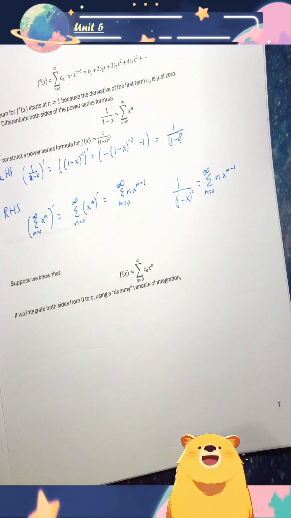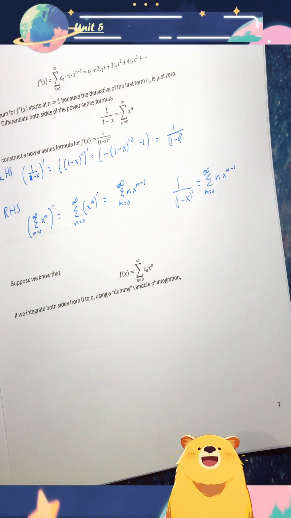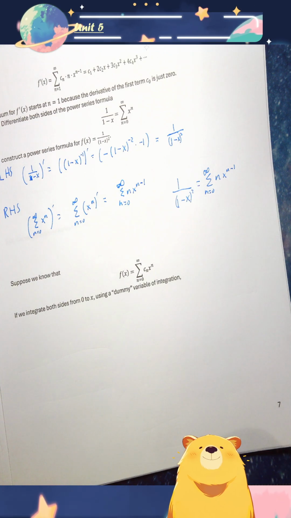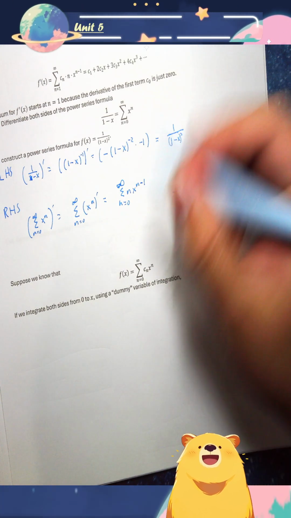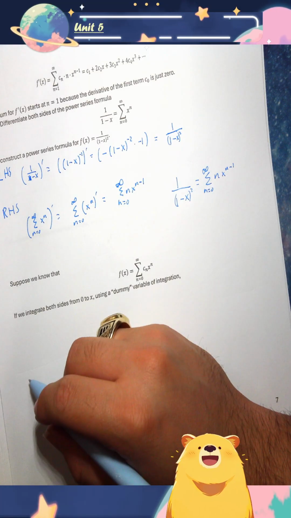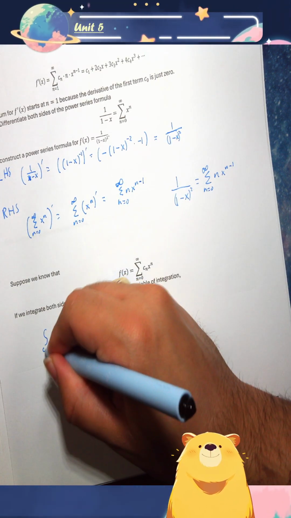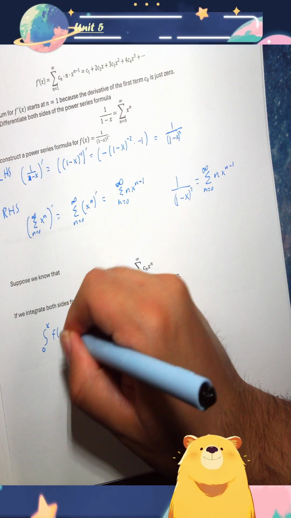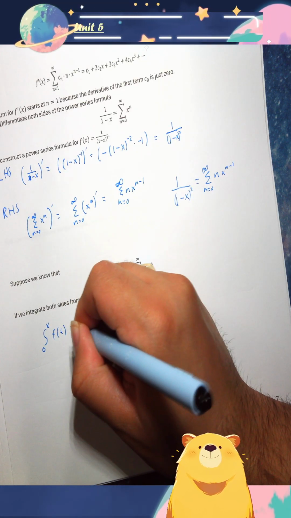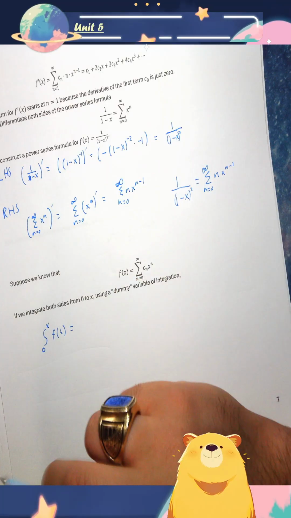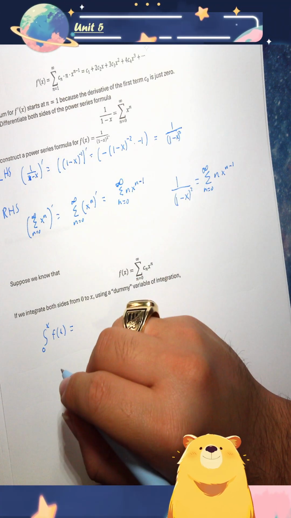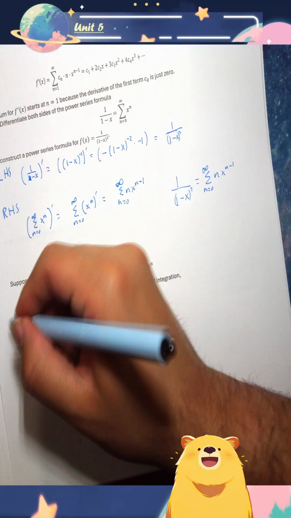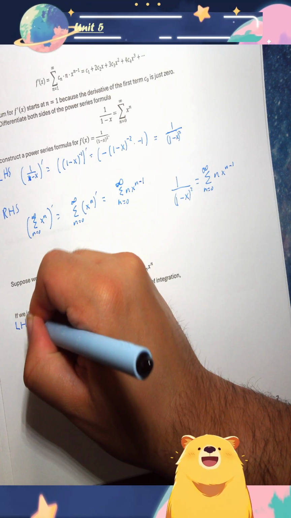So let's go ahead and set that up. We're using a dummy variable, so I'm just going to use t, integral from 0 to x of f of t dt. I'm still going to do the left-hand side first, so I'll just start there.